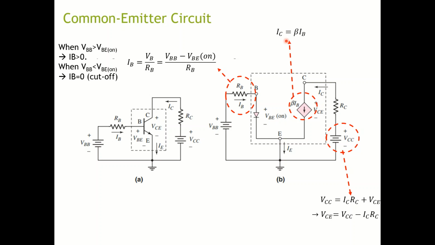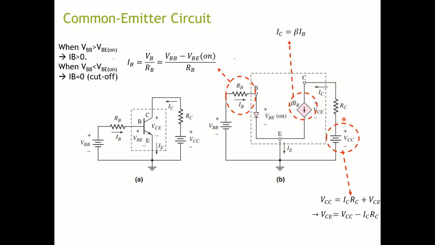And finally, how do I determine the VCE, or the collector emitter voltage? Let's look at this diagram first. From here, you can easily see that VCC, which is the source voltage, is equal to the voltage across this collector resistor RC right here, plus this voltage.